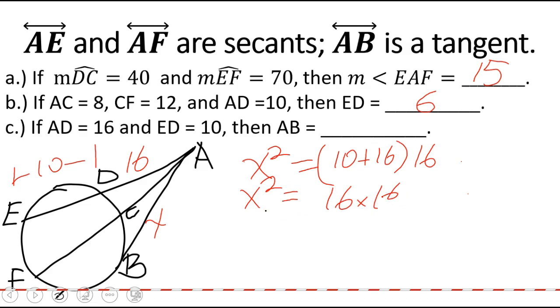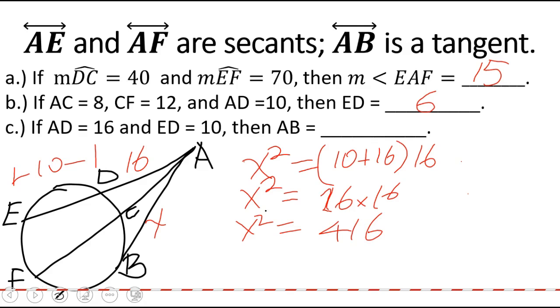So we have x squared equals 26 times 16. What's that? Okay, 26 times 16 is 416, right? Is that a perfect square? Let's see.